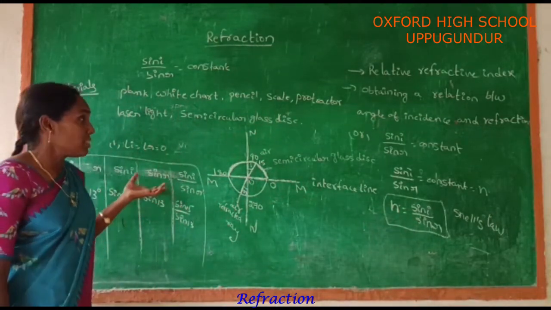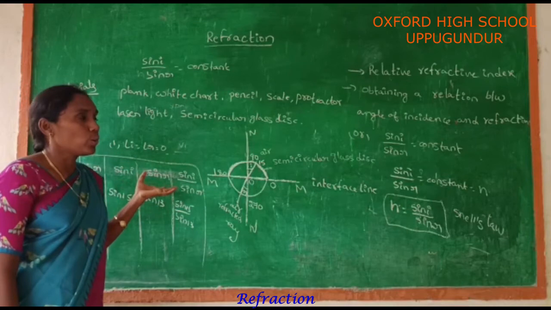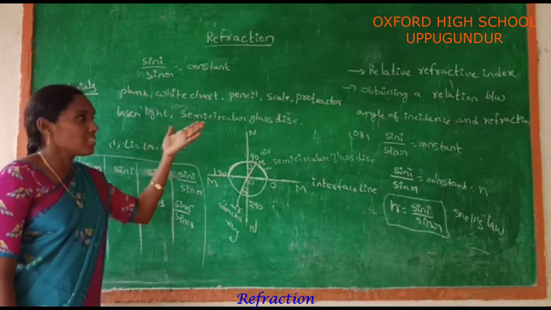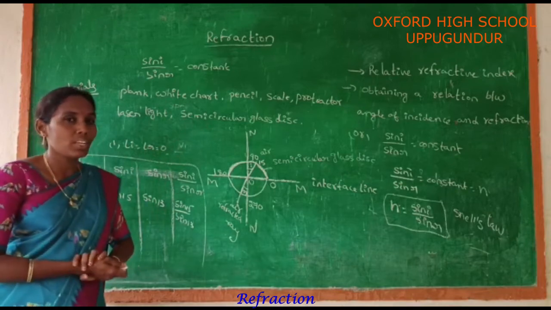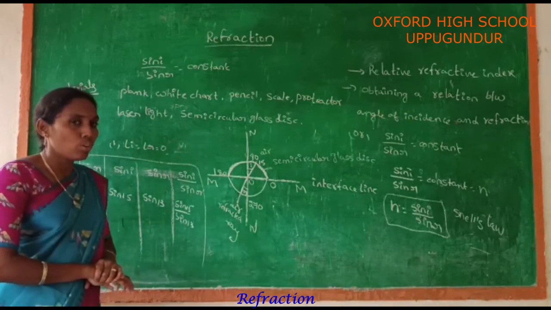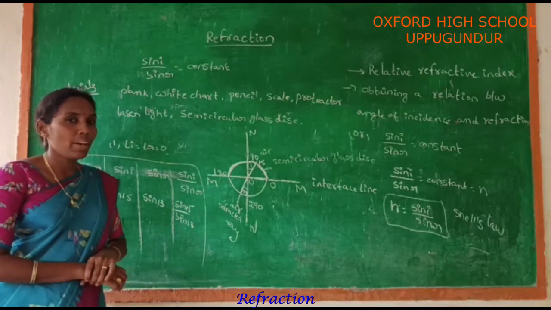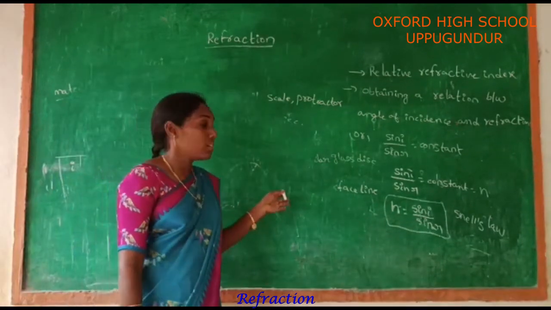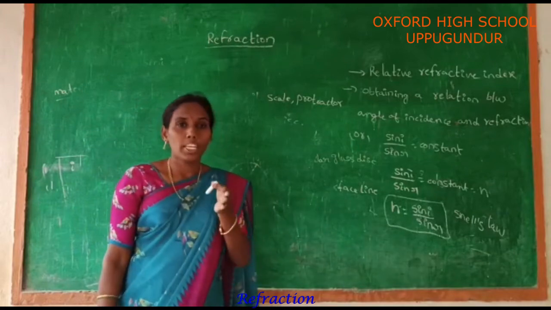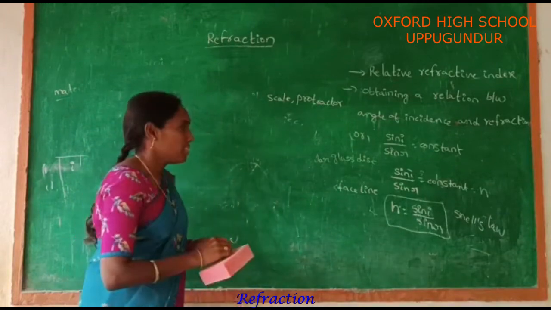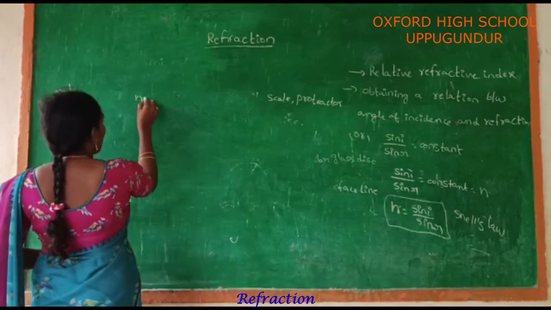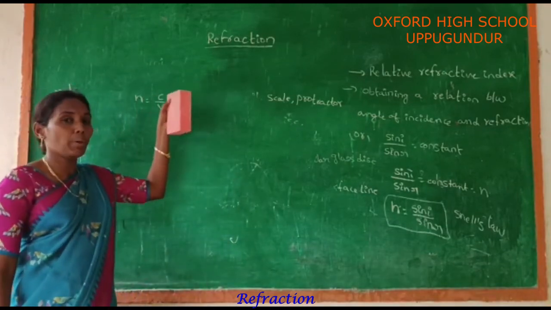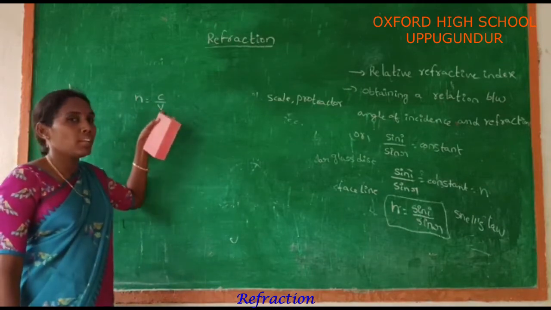In this session we have discussed the relative refractive index, and obtaining a relation between angle of incidence and angle of refraction, n equals sin i by sin r, which is Snell's law. Refractive index n is equal to c by v. c is the speed of light in vacuum, v is the speed of light in any medium.